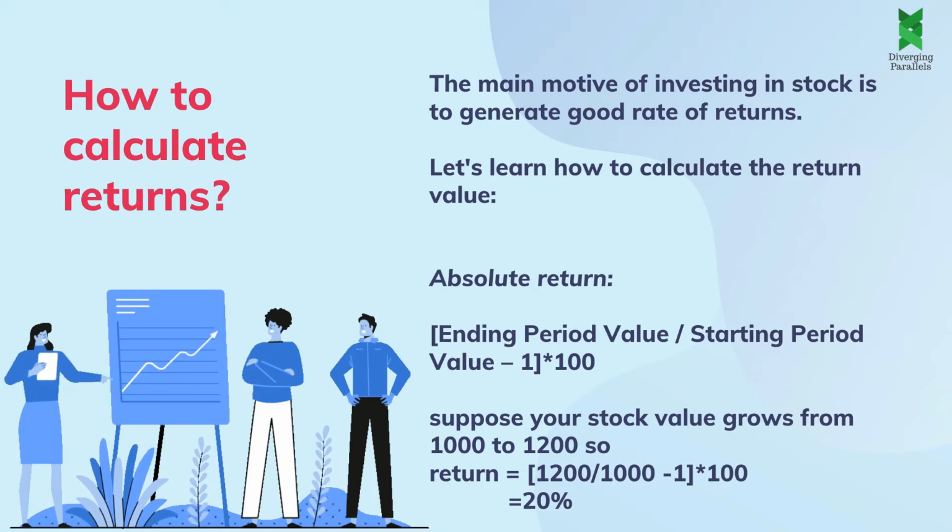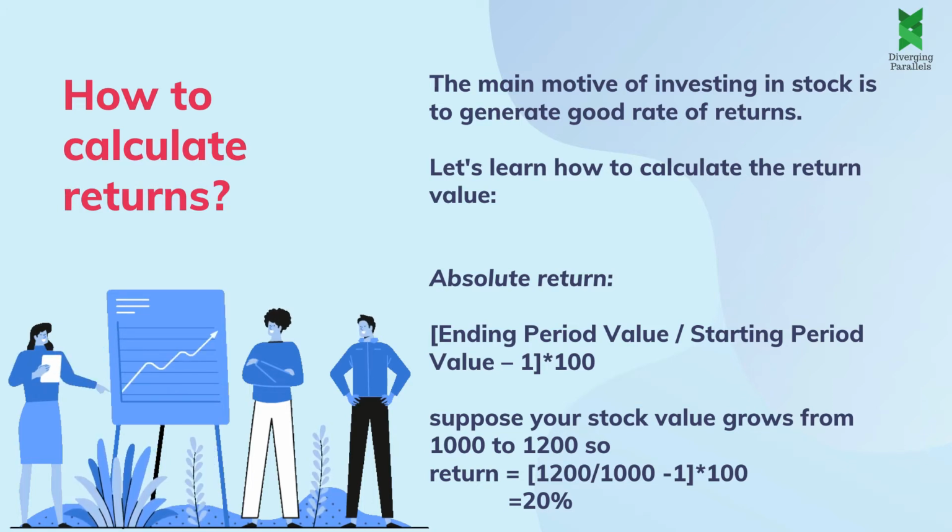Suppose your stock value goes from rupees 1000 to rupees 1200. What is your return? After applying the formula, that is 1200 divided by 1000 minus 1, times 100, we find that we are earning a profit of 20%.